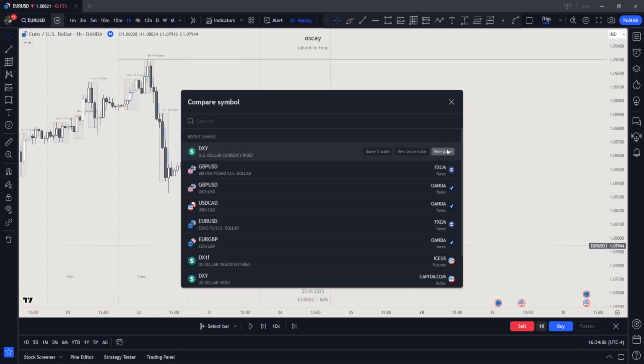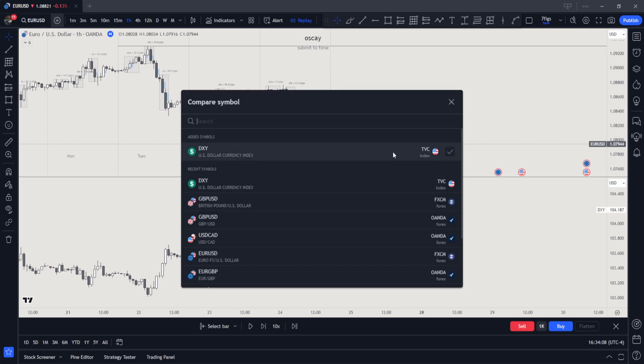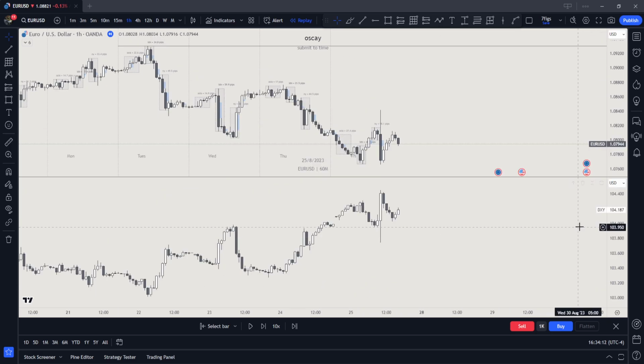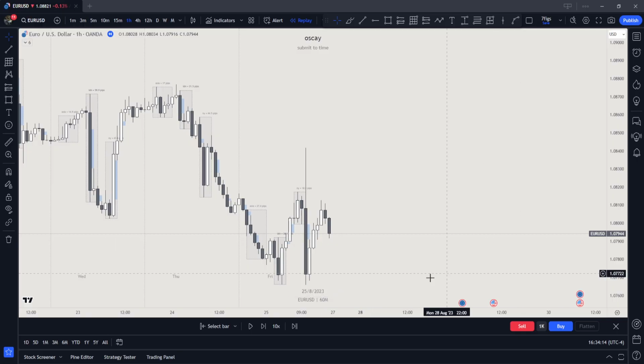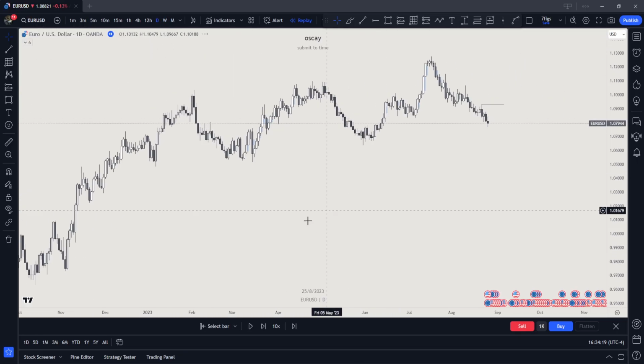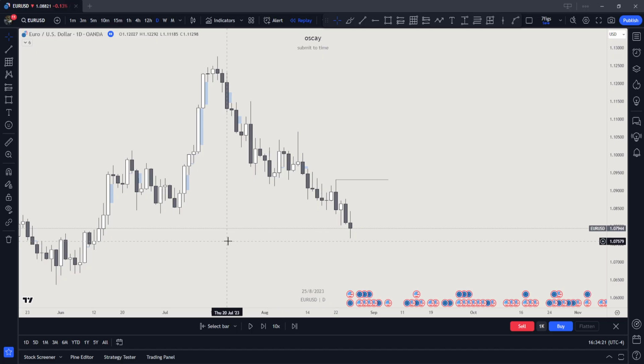I am expecting SMT at these lows. Like this price action is hard to navigate. I'm going to be completely honest. High, low. This will be a range.